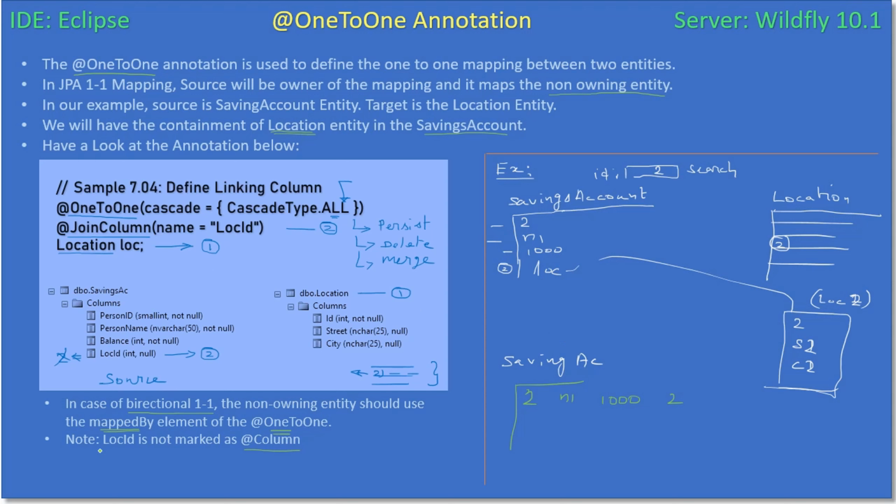So that's why here we want you to note, location is not marked as column, but it was marked here as a join column. That means it performs scan and loads that entity and makes the containment inside the savings account. Right? We mark it with the join column, meaning that it points to ID of some other JPA entity, which here is location based on this type.